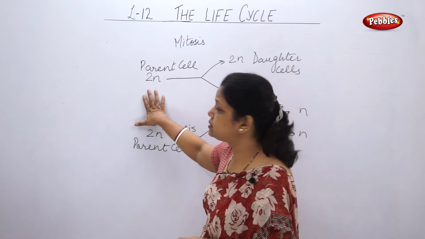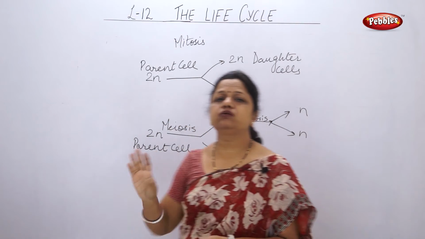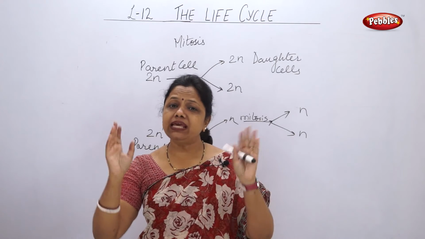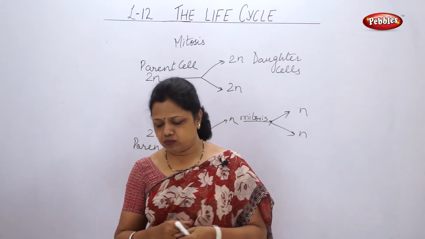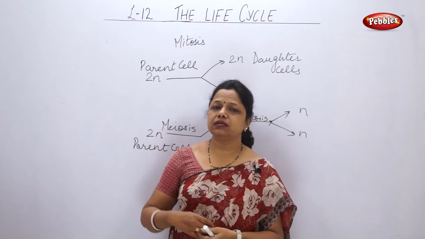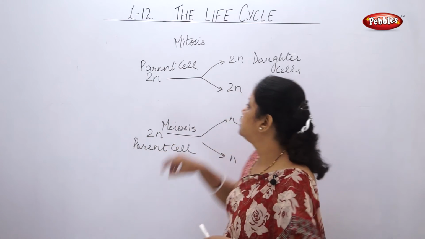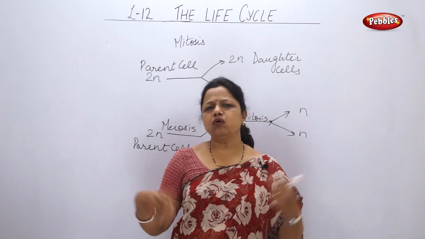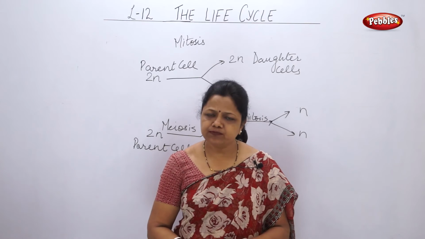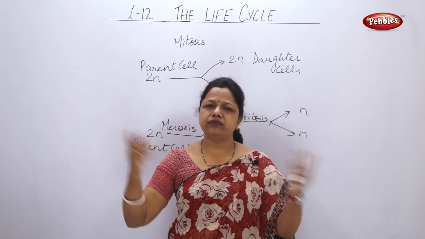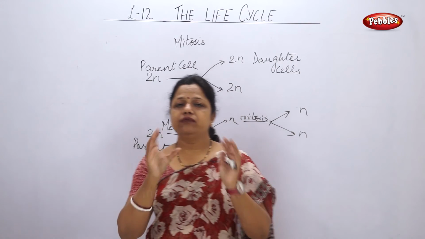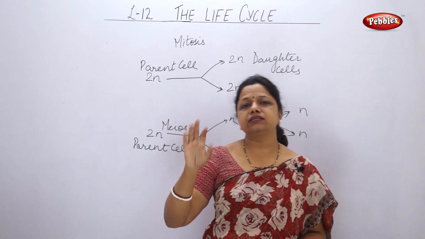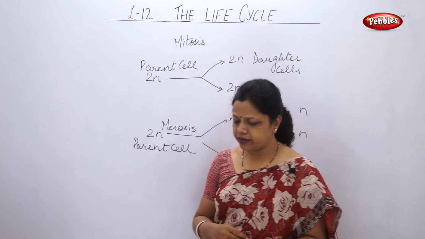Here the diploid cell is not getting converted to a haploid cell, and therefore the cell is only dividing with an equal number of chromosomes, and that is why the so-called daughter cells are exactly similar copies of the parent cell. There is no variation, there is no fusion, and since there is no fusion of two different individuals, obviously whichever cell is dividing, the daughter cell is going to get the same characteristics from its parent.